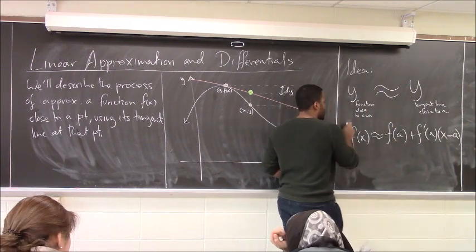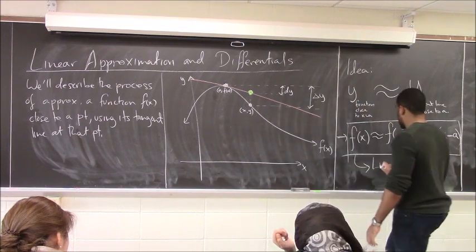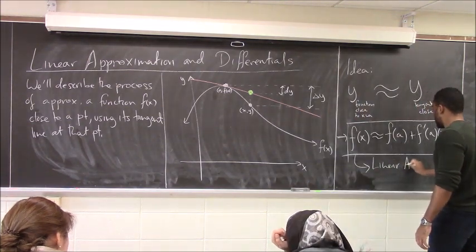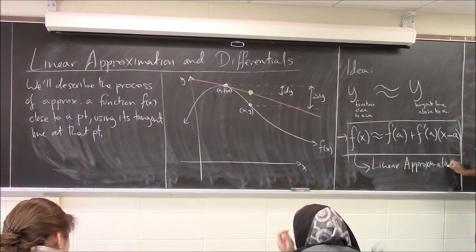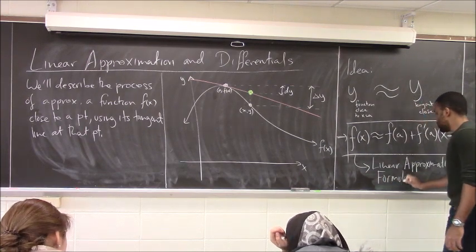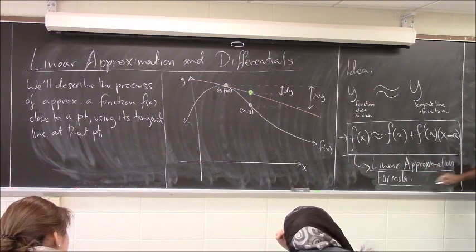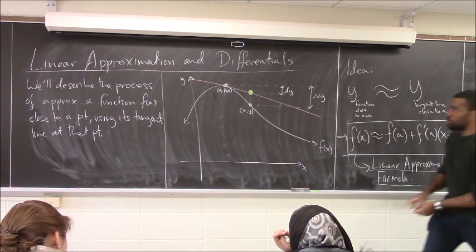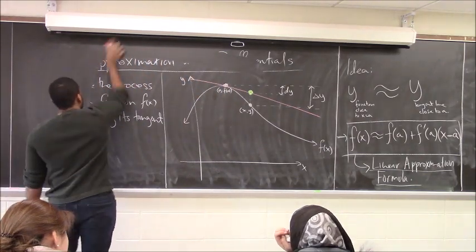And this is called the linear approximation formula. It's what we use to approximate a function via its tangent line. The right side of this expression, we also give it a name. We call this the linearization of the function.